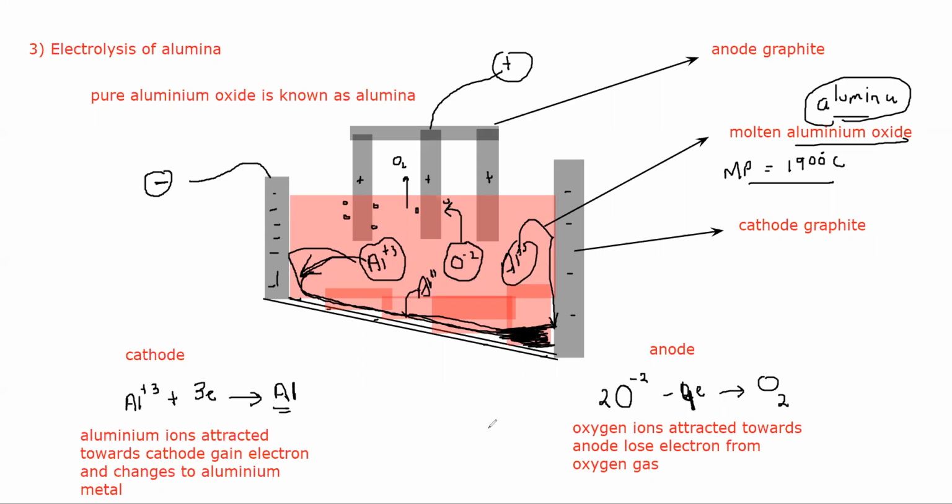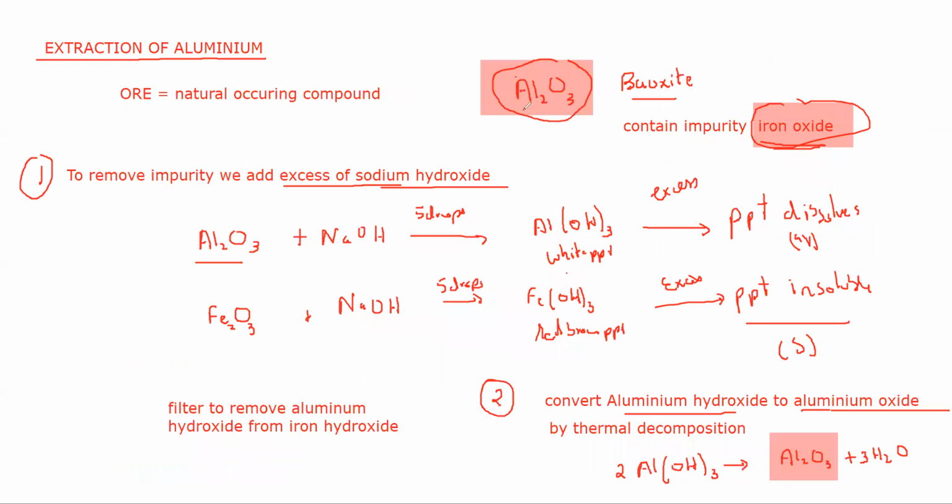Is it clear? The extraction of aluminum from aluminum oxide. Initially we had aluminum oxide, but it contained an impurity of iron oxide. So we add excess sodium hydroxide so that aluminum hydroxide will form and dissolve, and iron 3 hydroxide will form and not dissolve. We filter to separate aluminum hydroxide from iron 3 hydroxide.